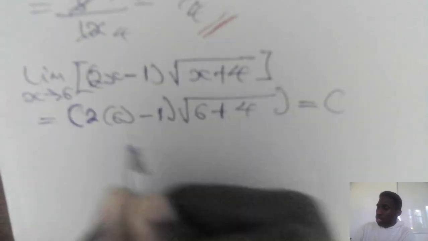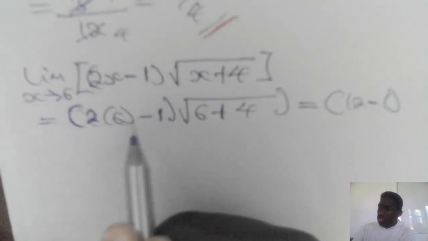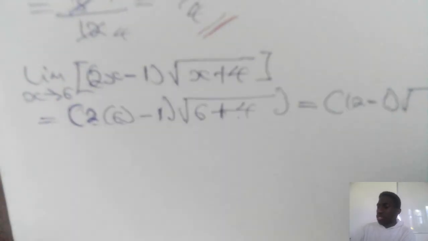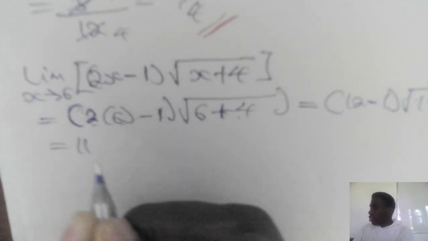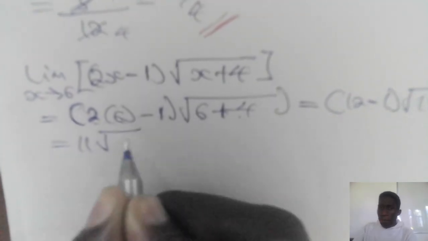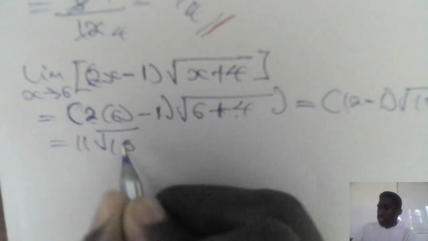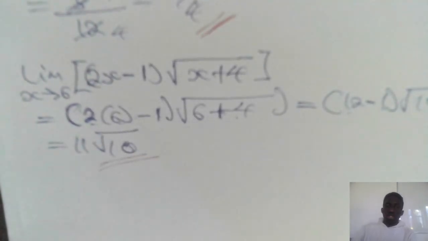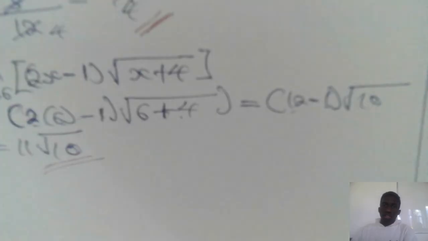For the first bracket, we get 12 minus 1, since 2 times 6 is 12, multiplied by the square root of 6 plus 4, that's 10. So we end up having an answer of 11 root 10. So this is the answer, 11 root 10.